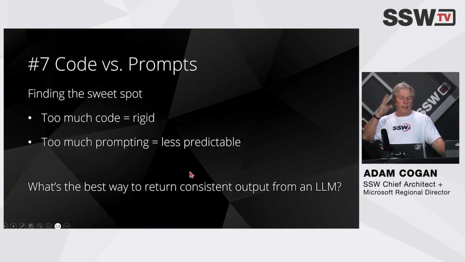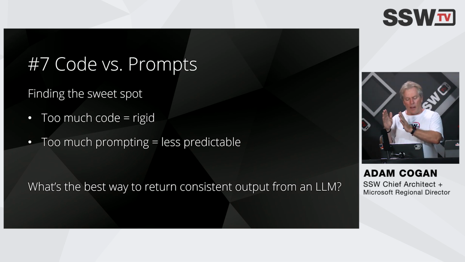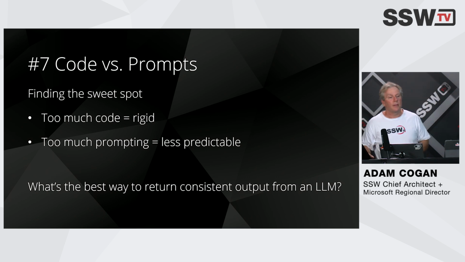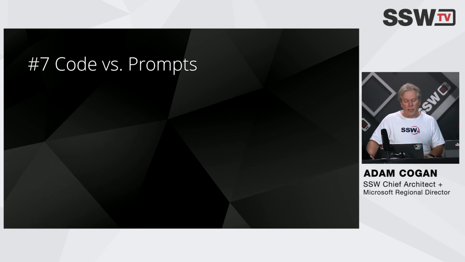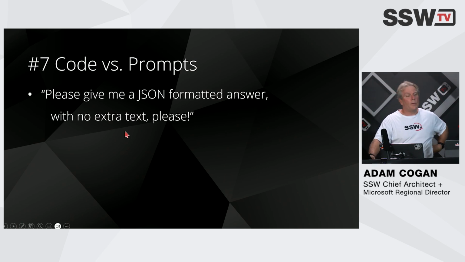Now this is a while ago. What is the best way to get a prompt to return consistent output from the LLM? Anyone know? Well, what we started doing was getting the prompt to give us the feedback back in JSON, right? So we would say, all right, do all that stuff and please return it in JSON.